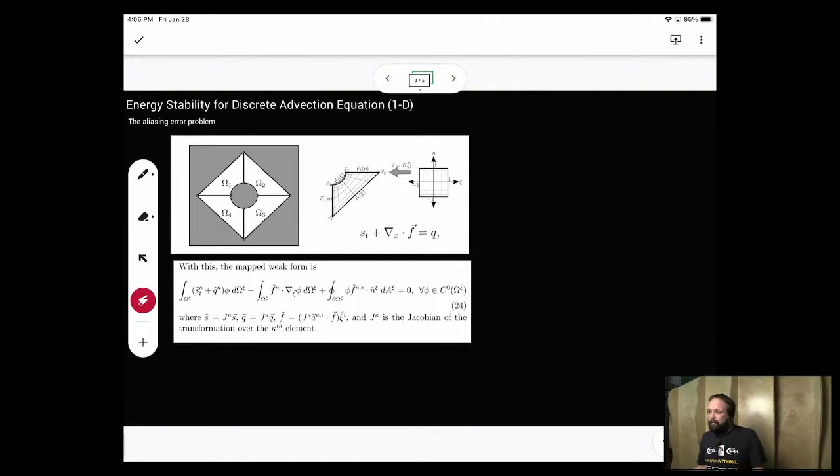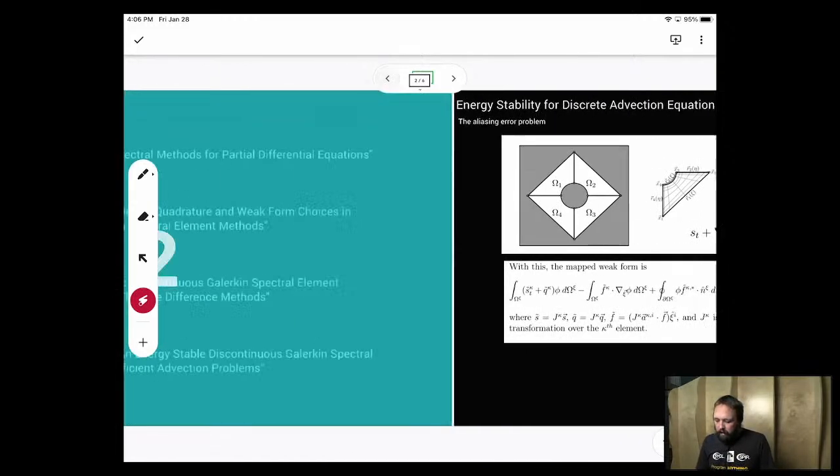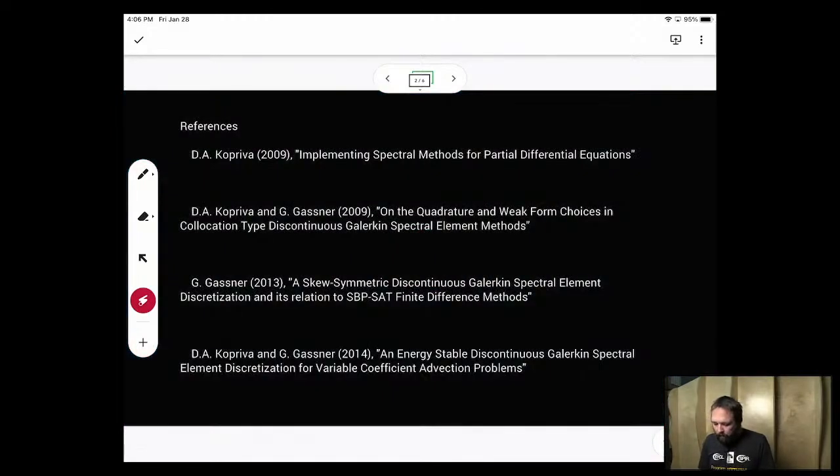So it's not ideal. And the third approach is what we're actually going to talk about today, and it comes from some of these references here. In particular, if you take a look at this 2014 paper, we're going to be implementing some of the stuff that's written up in there, and I'll talk at a very high level about how to come up with these methods.